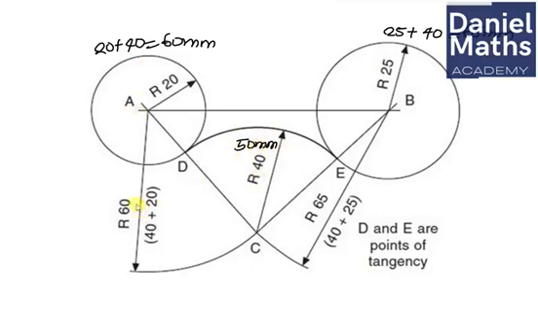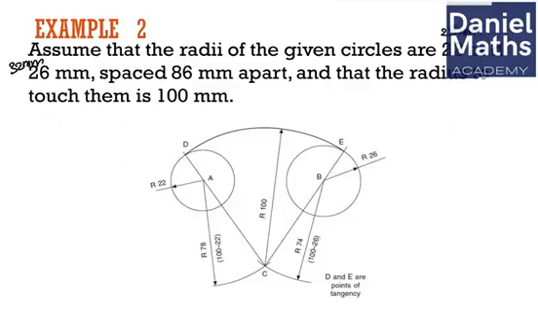That's for external. We are joining the circle externally, but when we are joining internally, we subtract. So you can see here we're going to subtract the circle that we are using to join these two. This thing is 100 millimeter. Take note of that.